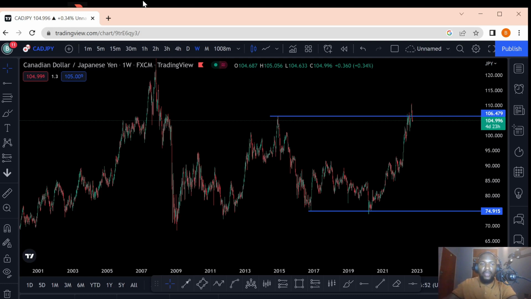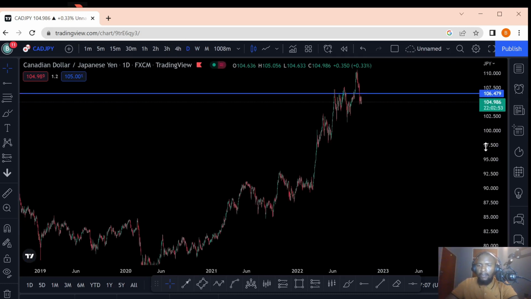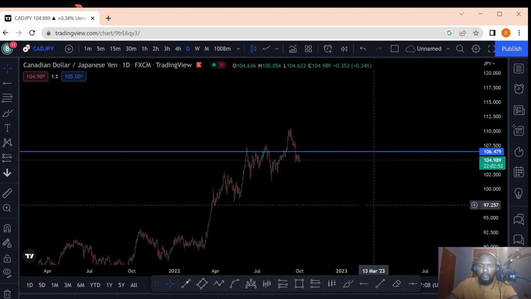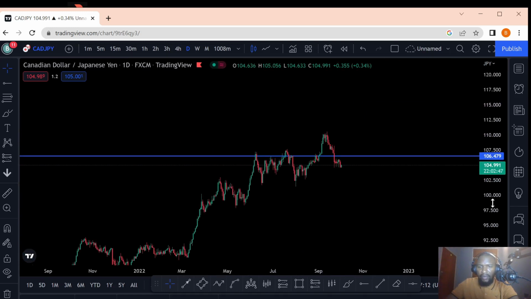Moving right along, we can simply see that the double bottom held for a long time, and right there we have a double top, right? On our daily time frame, we can simply see that the structure happened to respect the setup based on what we can identify right there.